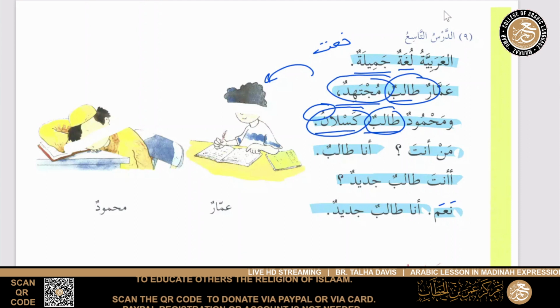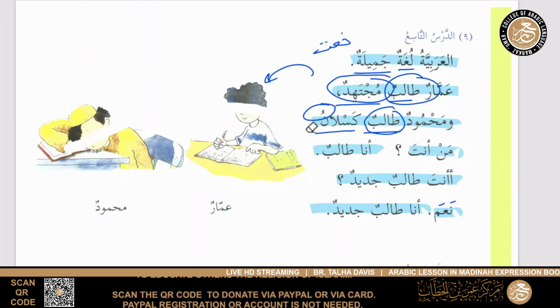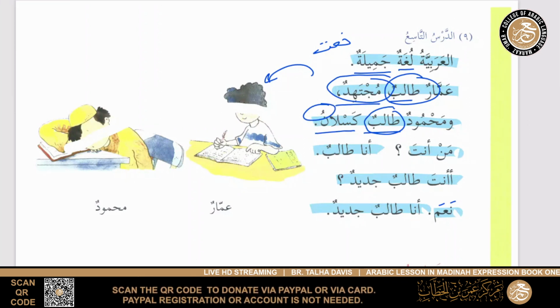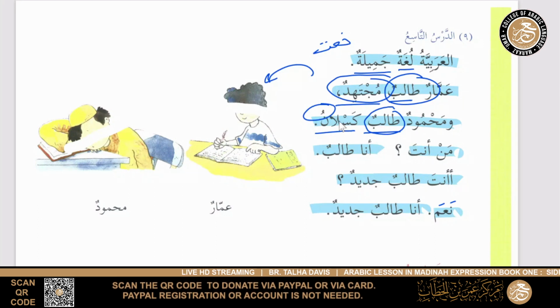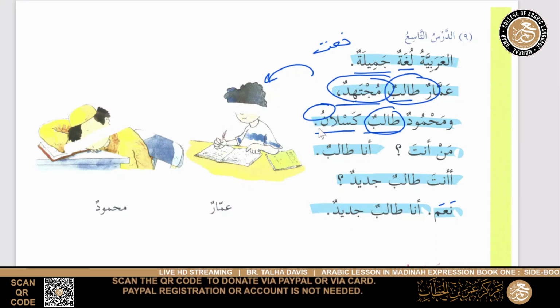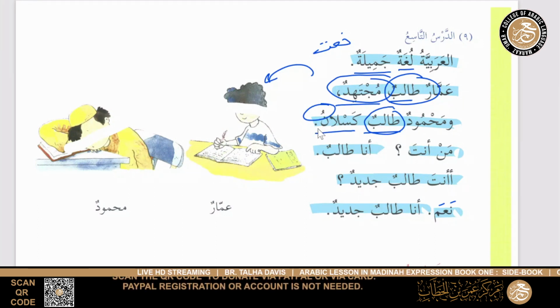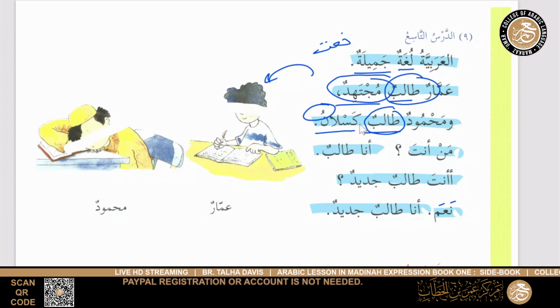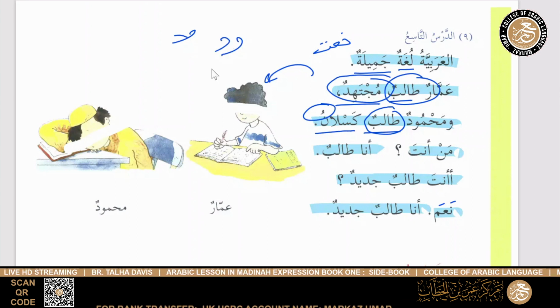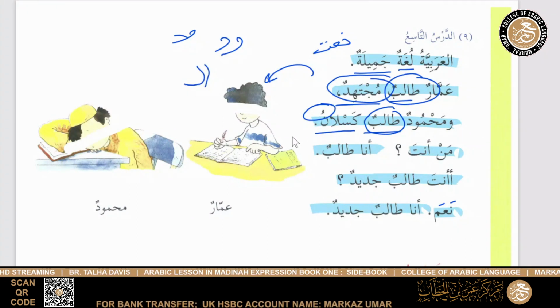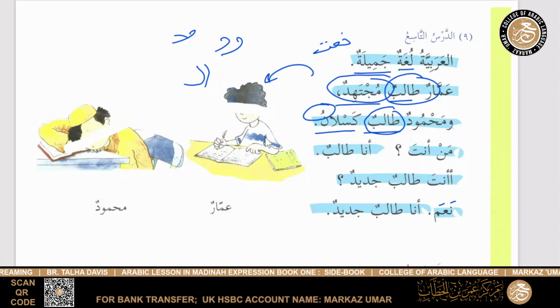So why does, you may be asking yourself, or you should be asking yourself, why does kaslanu have one dhamma? Does anybody know? Does it have alif and lam that comes before it? Because usually we said nouns end with two dhammas, except if it has alif and lam that comes before it. Or what's another reason?